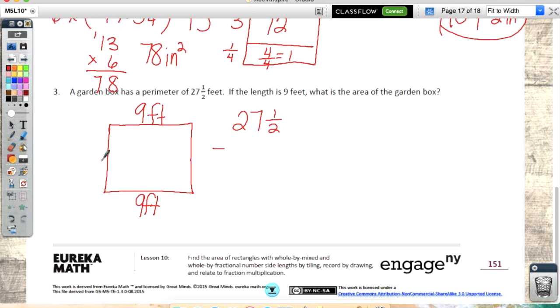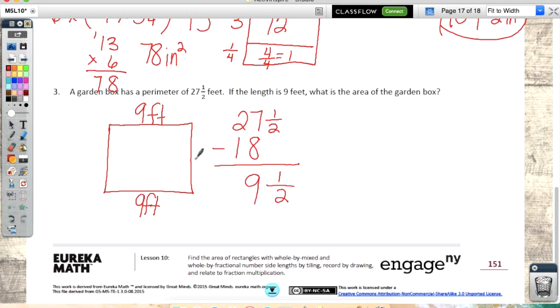I'm going to take my total perimeter minus what I know. Now, Aiden, you were thinking that they gave us area, and if that were the case, then yes, we would divide. But this time we're going to subtract. So what do I get here? 9 and a half.